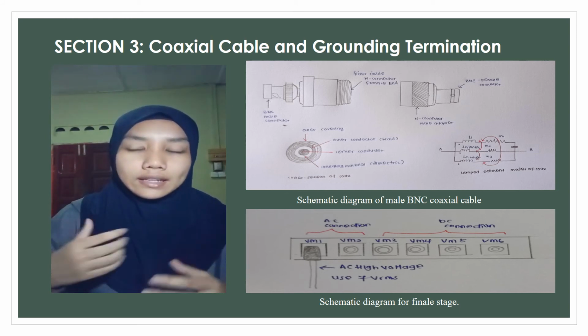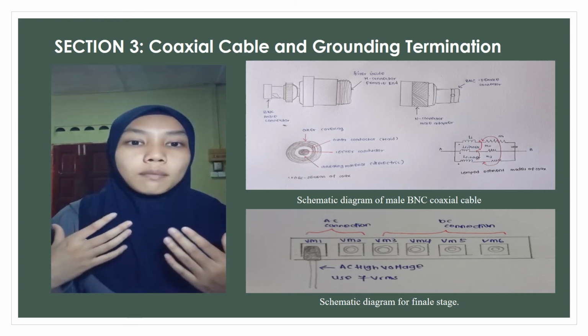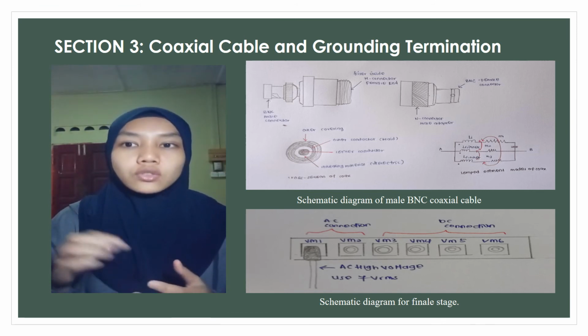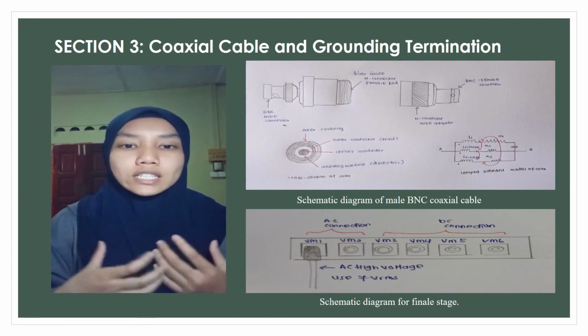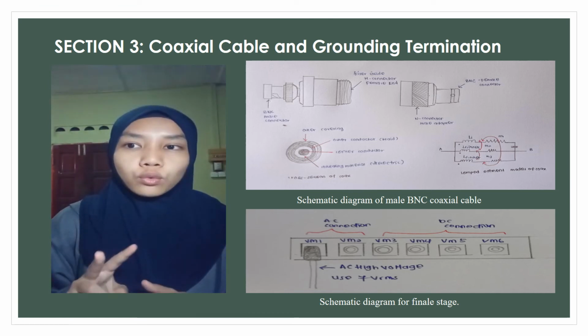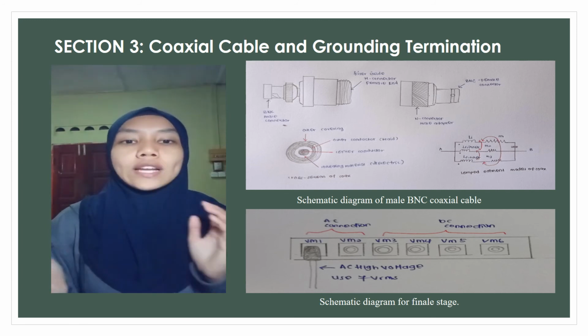Other than that, we must make sure the 2 PX and 1 PU contact, so that we can get potential from 1 PX to 2 PU from 0 to 100 kilovolts.